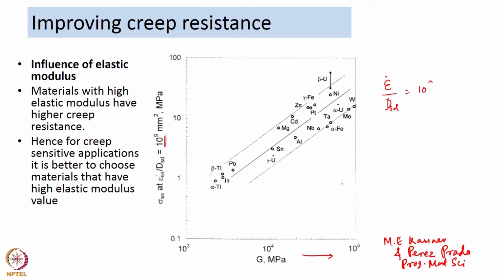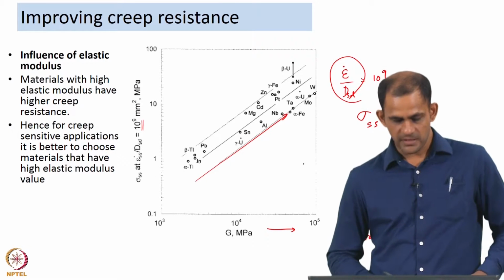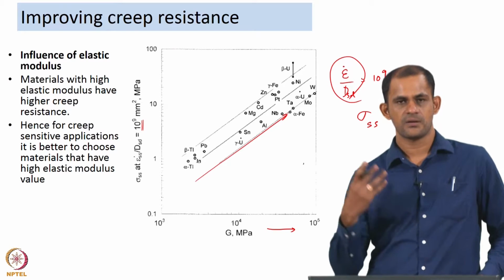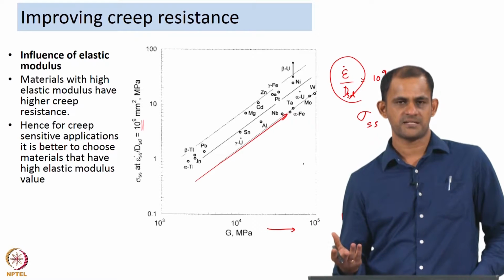To achieve a particular value of this parameter, the amount of stress required is increasing as the shear modulus of the material is increasing, which means you will need to apply higher stresses for materials which have higher elastic modulus.